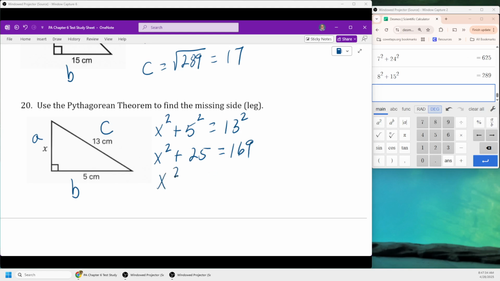When we subtract that, we get 144. So x will equal the square root of 144, which is 12. Who got 12 when you did that? Great job, you guys. And that's it. Do you have any questions on the study sheet?